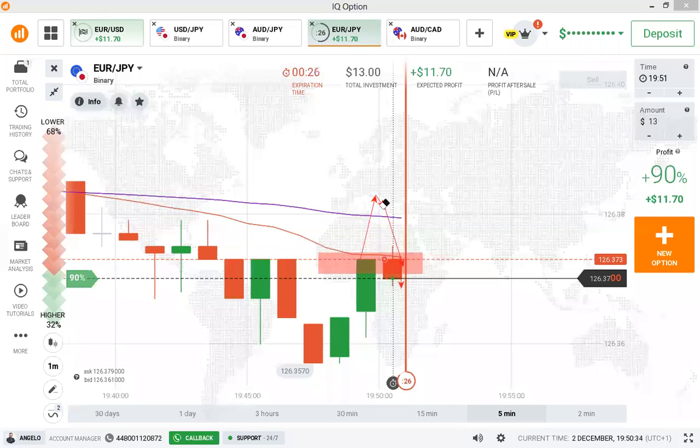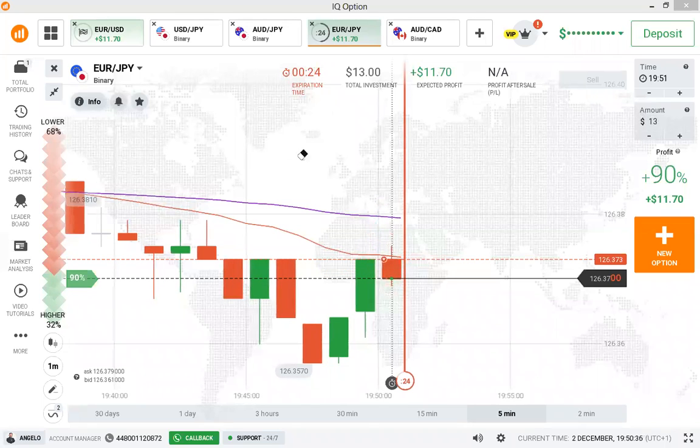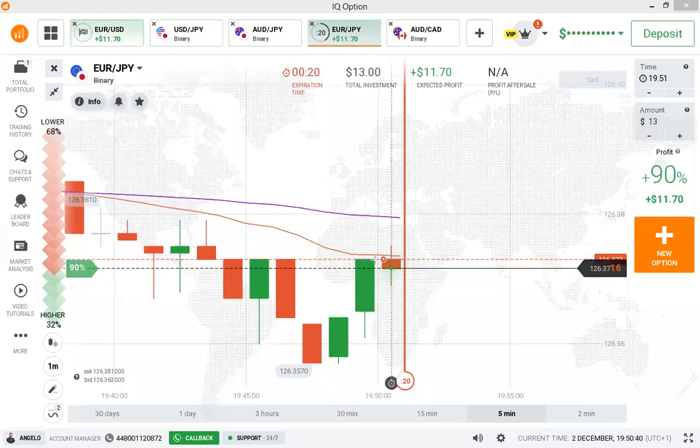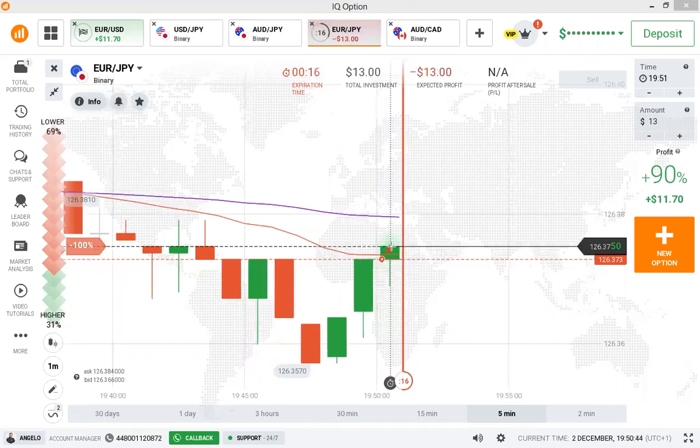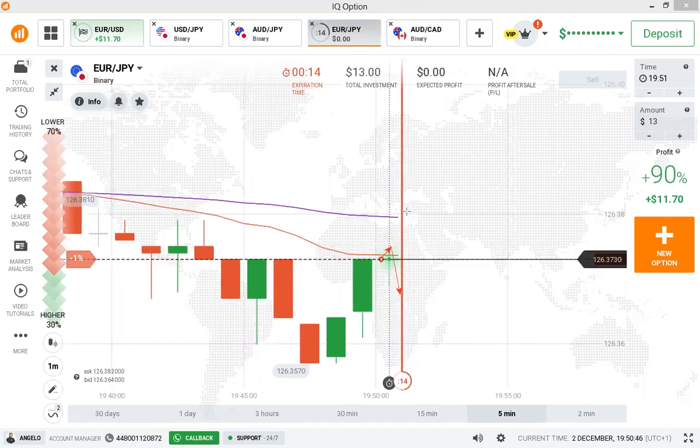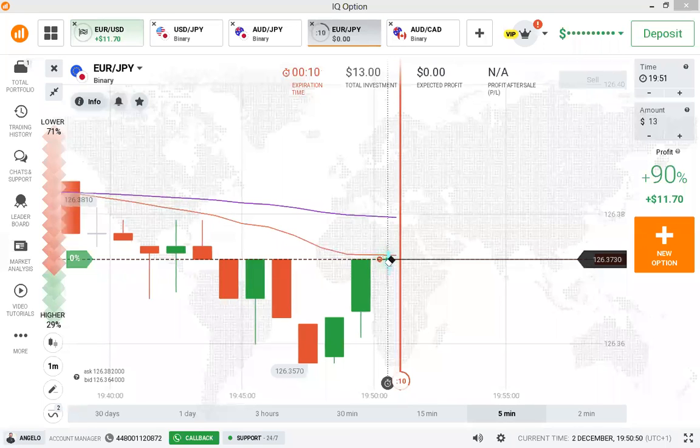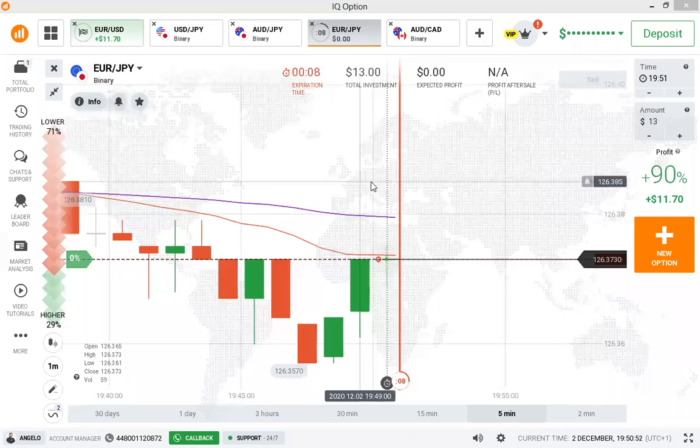That means the market is going to be rejected from the support zone before it reverses. The candle will rise up a little bit in the resistance zone before it reverses. That is exactly what is going to happen here. That is why I placed a put option.